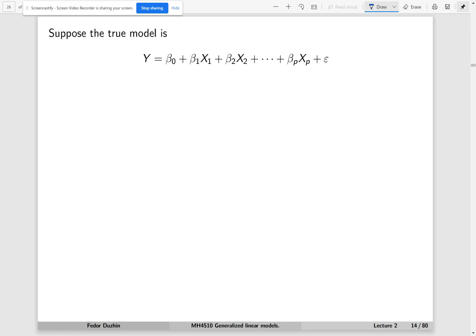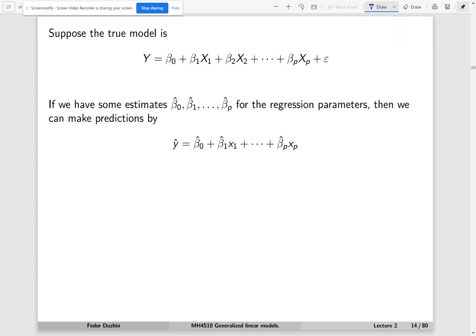Now, suppose that the true model is a linear model. If we have some estimates for regression parameters, then we can make predictions according to this formula, given a new data point that was unobserved before.